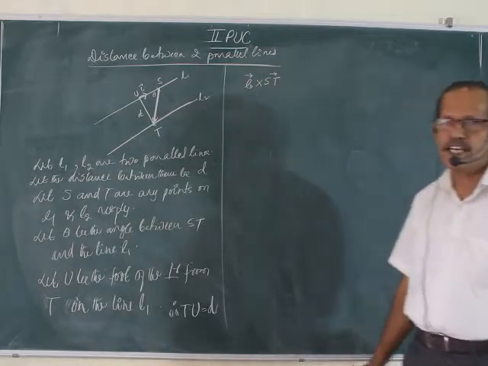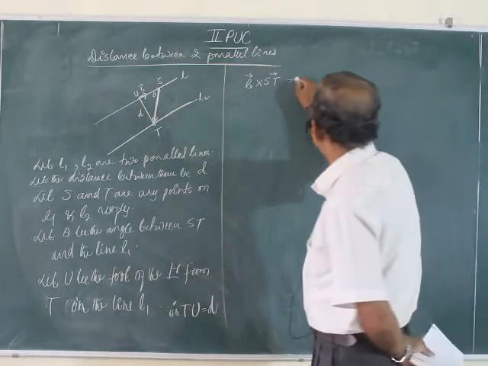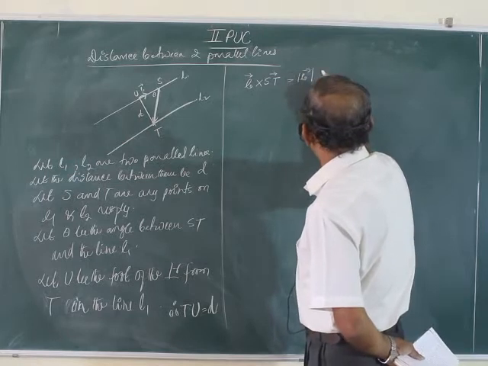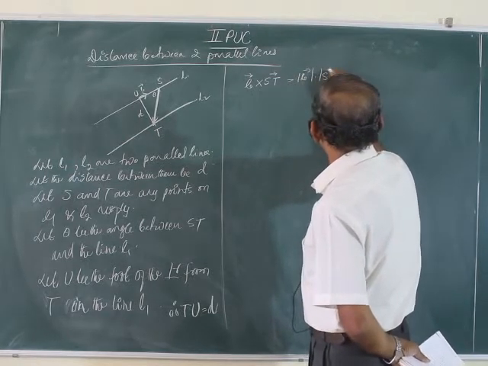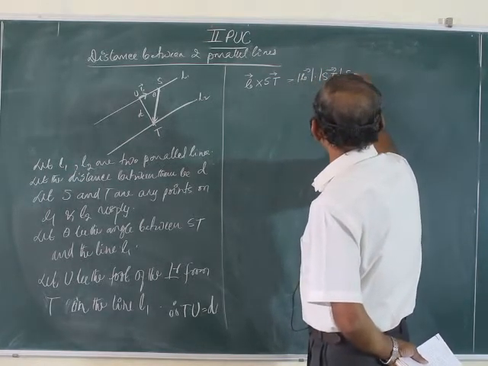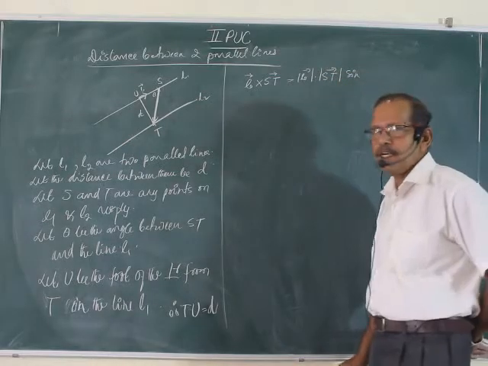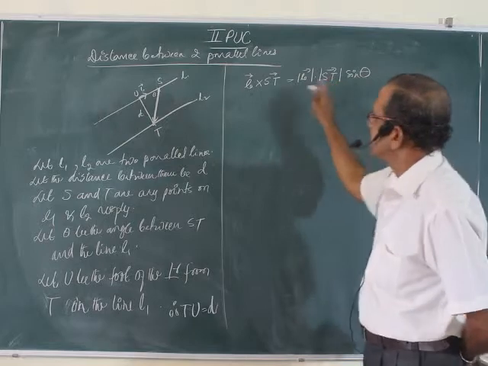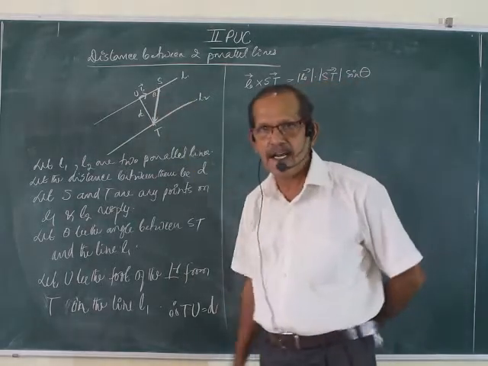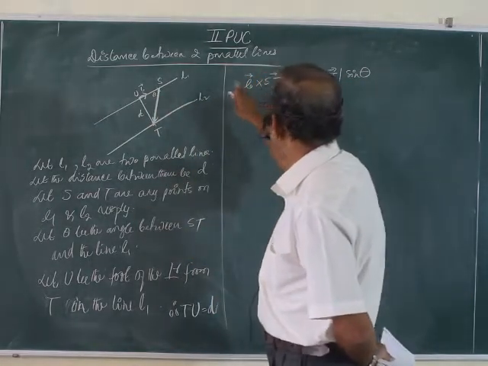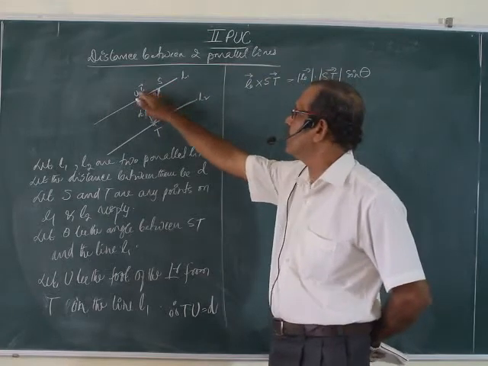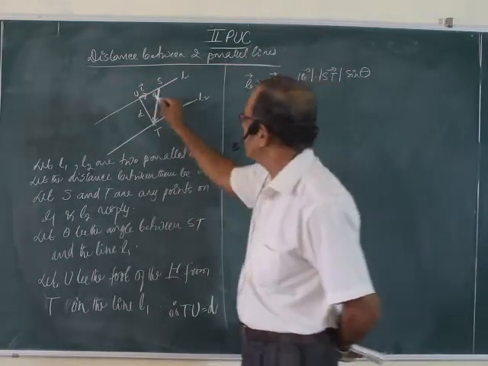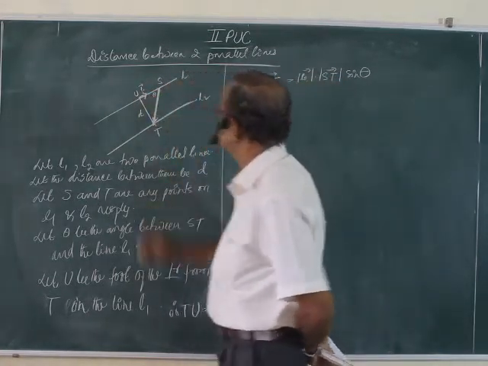Vector B cross ST is mod B, mod ST, sine of the angle between B and ST, which I have taken as theta. The angle between the line means it is the angle with the vector B itself, because B is in the direction of L1.